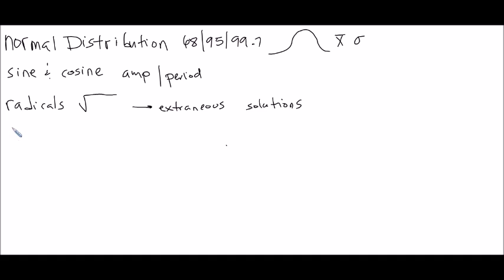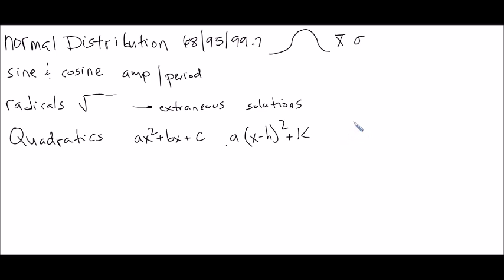Let's see, you would have to know a whole lot on quadratics. We need to know ABC. We need to know A, H, K. And we also need to know factored form.